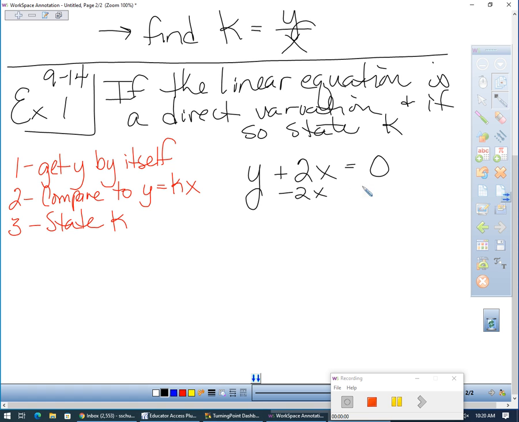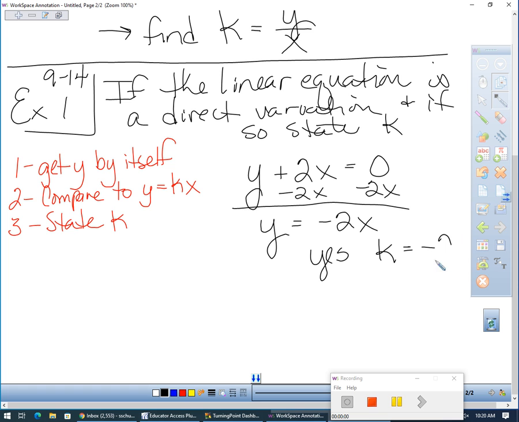Minus 2x to both sides. So now we have y equals negative 2x. All right, y is by itself, so we're done with step 1. Step 2, compare it to y equals kx. Is that in the form y equals kx? Yes. So we say yes, and then we state what k is. What is k? -2. Perfect. That's it.